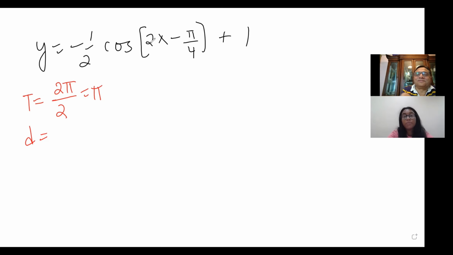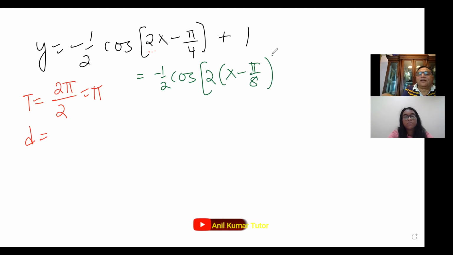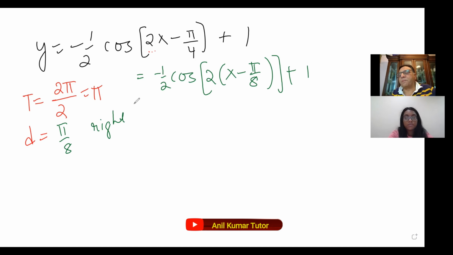What is the phase shift d? Move to the right by pi by 4? You have to factor 2. So you should rewrite this first thing first as minus half cos, factor out 2, x minus pi by 8, plus 1. So d is pi by 8, and plus means right. Is that clear to you? This is a common mistake.